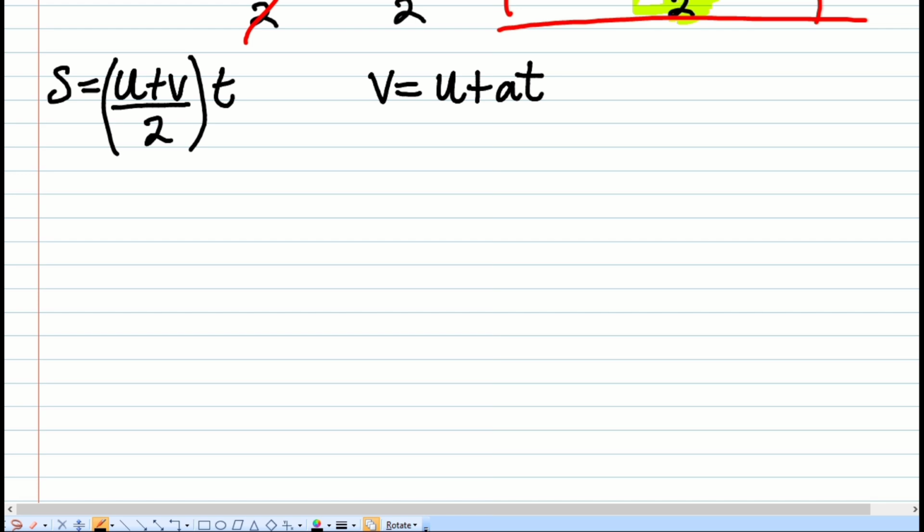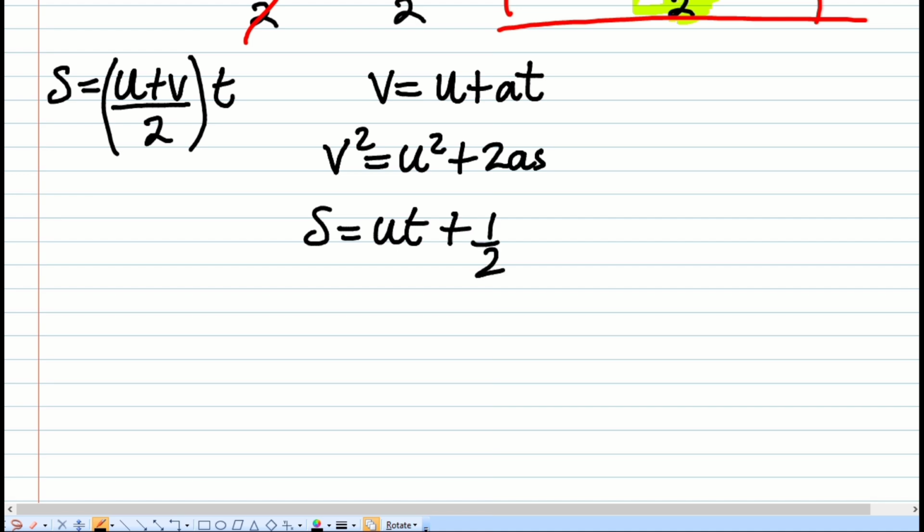So this is the second equation. We now have derived that V squared is equal to U squared plus 2AS. This is the third equation. And then the fourth one, we have that S is equal to UT plus half AT squared. This is the fourth equation.